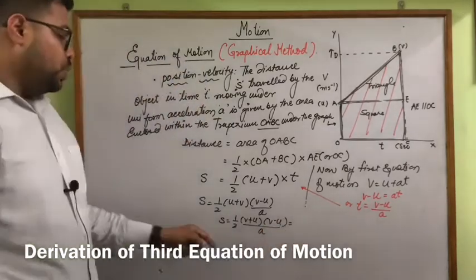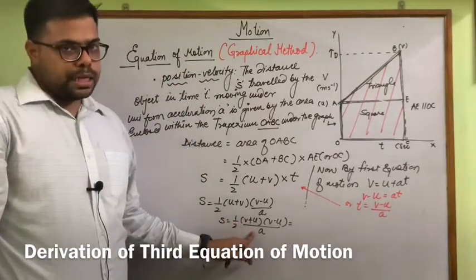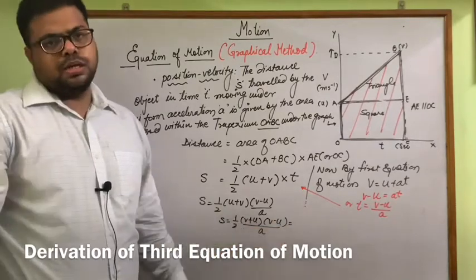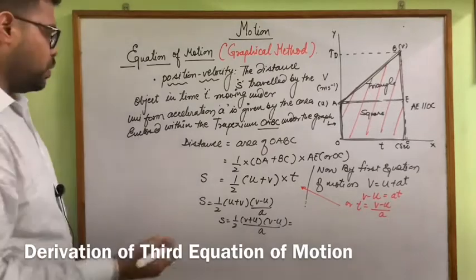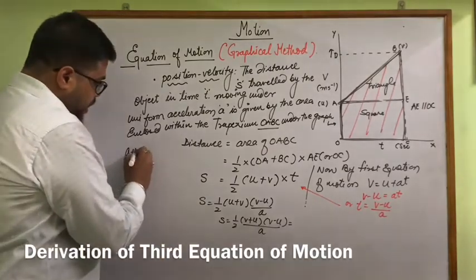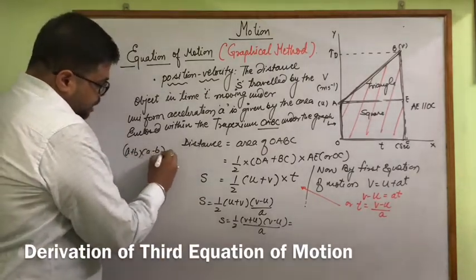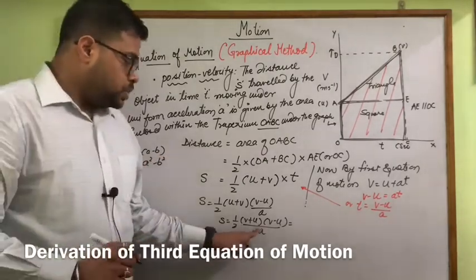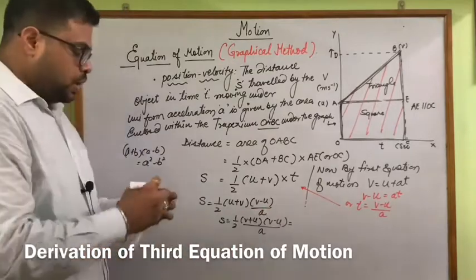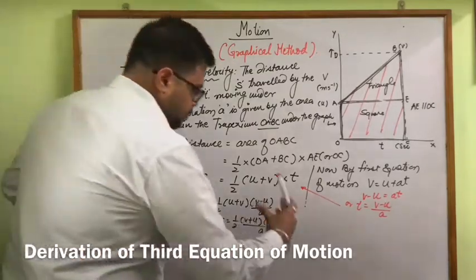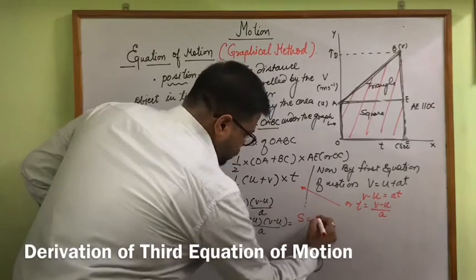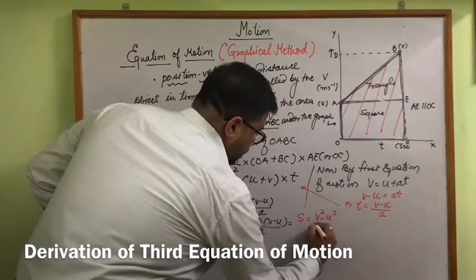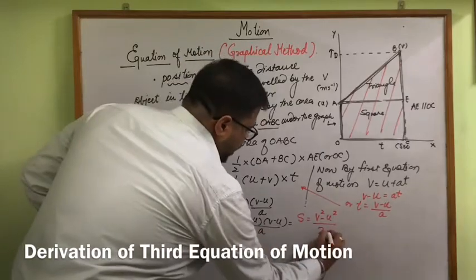Now we know a very important identity in algebra: A plus B times A minus B is A squared minus B squared. So here V plus U and V minus U give V squared minus U squared upon 2A.